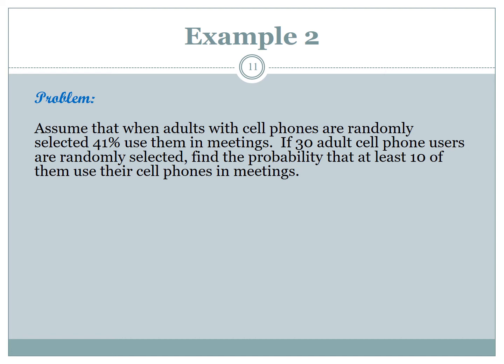So this is very different. The one before asked for the probability that exactly 14 use their cell phones in meetings. This one says at least 10 of them.